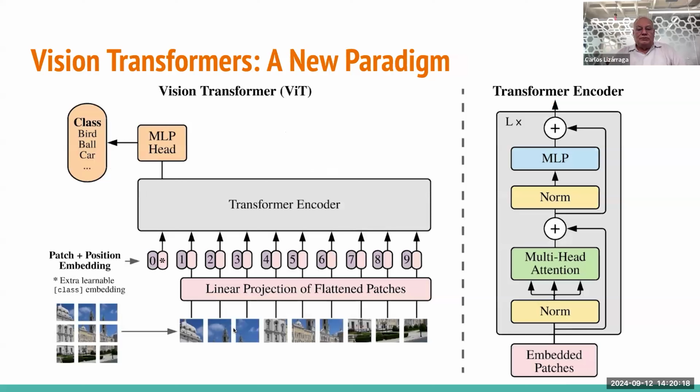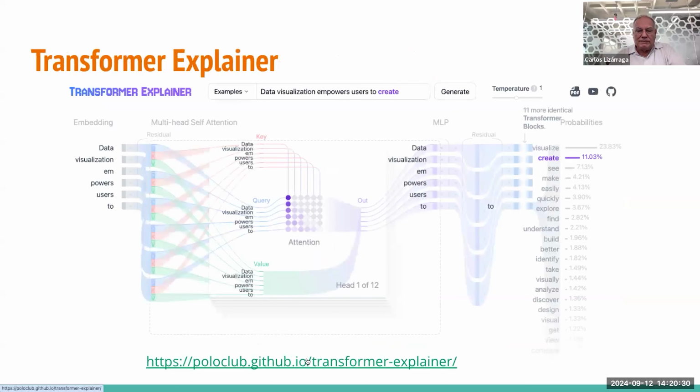In the case of vision transformers, if you remember from last week, how does a transformer work? Actually, I have it in the next slide. And this is how a transformer works. We have a phrase of words, like data visualization empowers users to, and the system will try to predict what will be the next probable word.